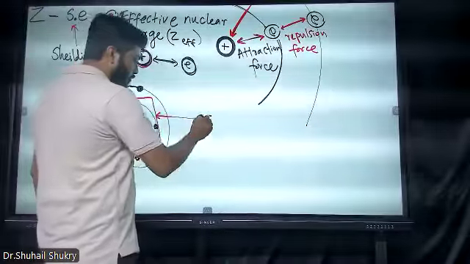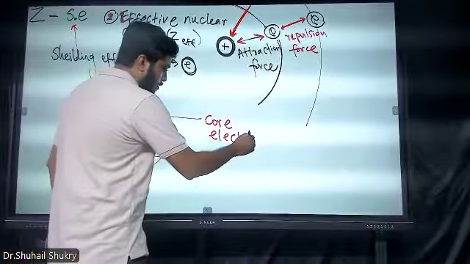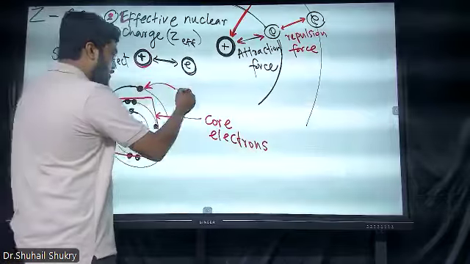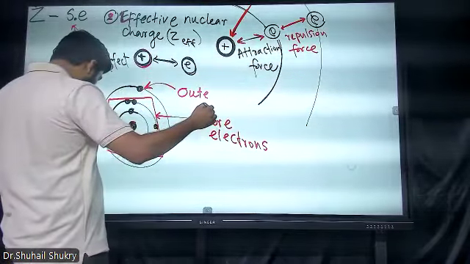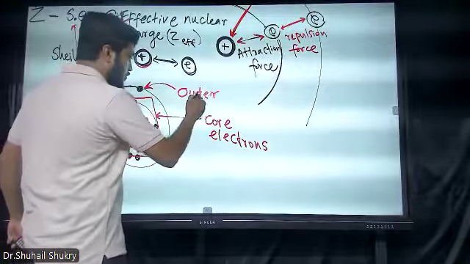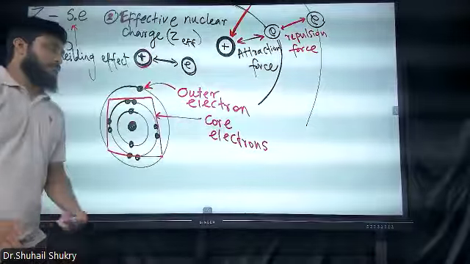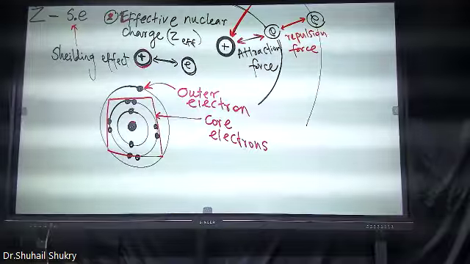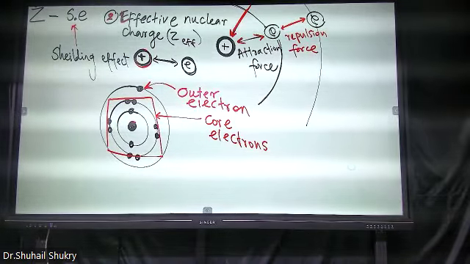This is known as core electrons. And this is known as the outer electron. When I make it, just write the core electron and the outer electron.